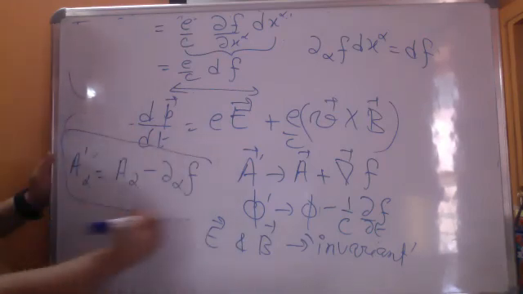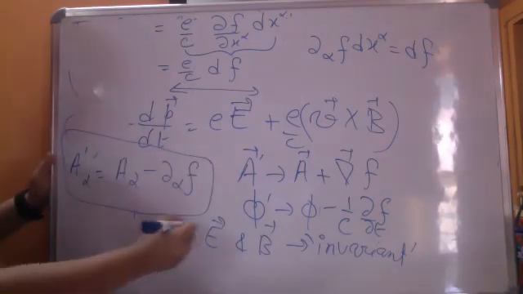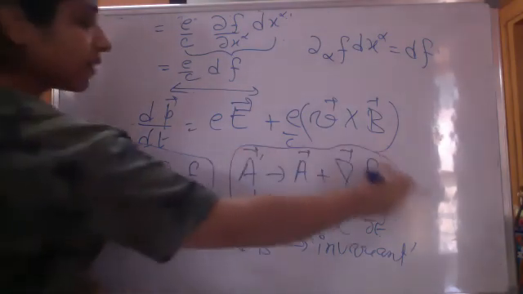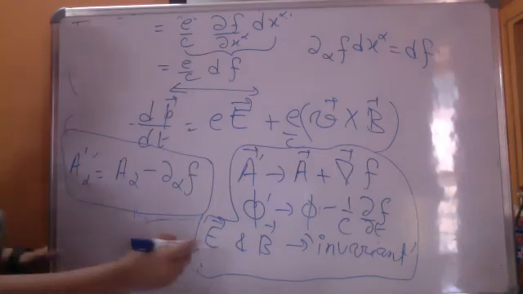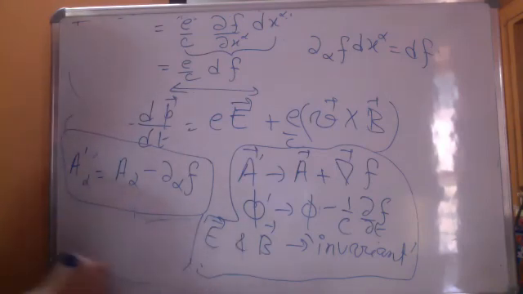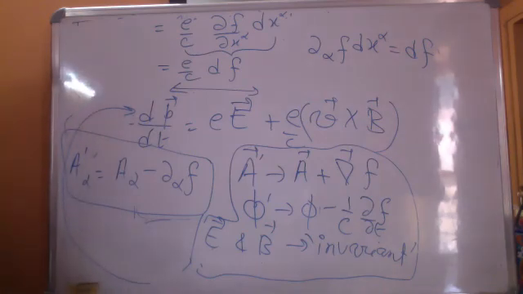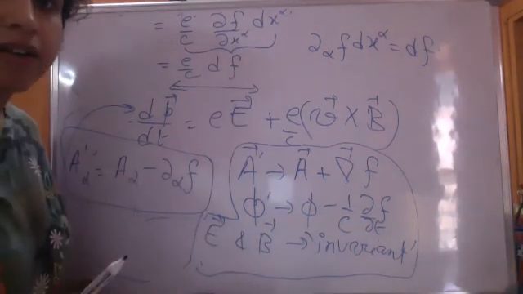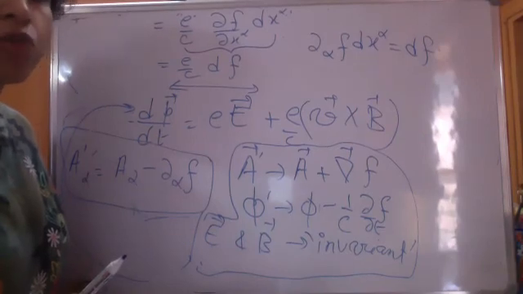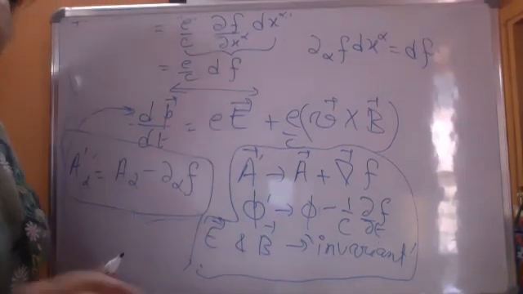This is known as a gauge transformation. And this whole idea, the fact that E and B, and hence my equation of motion, do not change or are invariant, is what is known as gauge invariance, right?